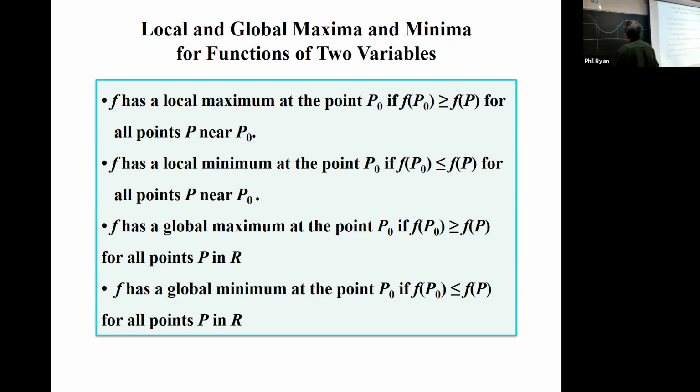You've also, of course, remember, got to worry about what happens at the endpoints, because we saw things like this. So even though this is the only local maximum, it's not the global maximum, right?